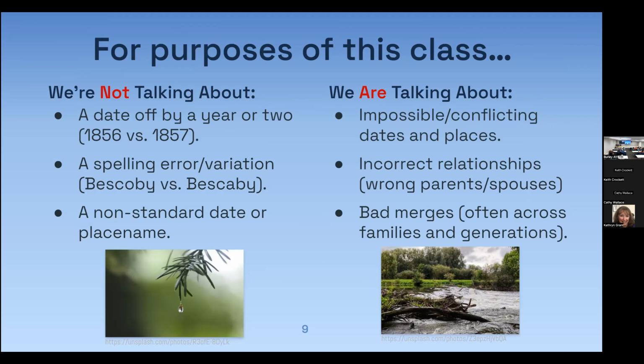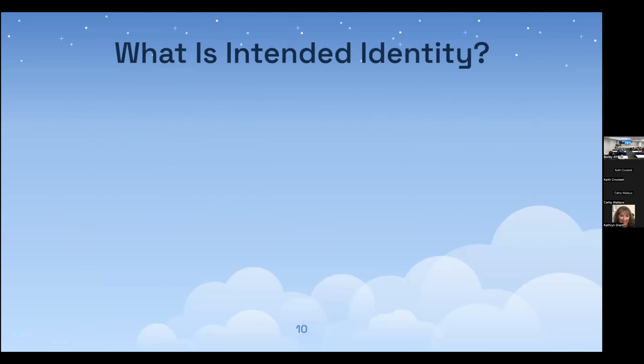And we are talking about problems caused by bad merges, which, as you may have noticed, tend to snowball across generations. So once one bad merge is made, a lot of times that sparks bad merges in the same family and then going up and down the family lines. Compared to the little drip of water, these things are more like a stream that we've got to deal with, a lot of water. So these are the kinds of problems that we're going to address in the class today.